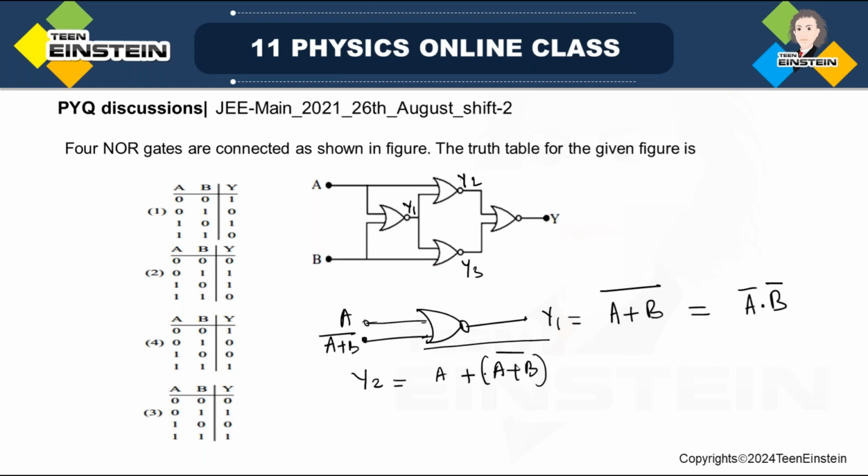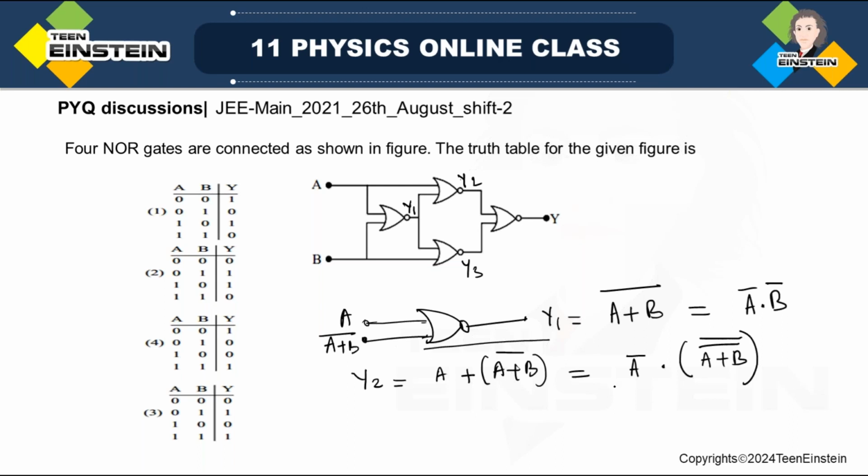If you want to further simplify, you will do this: A bar dot A plus, like A or B bar and bar of that.